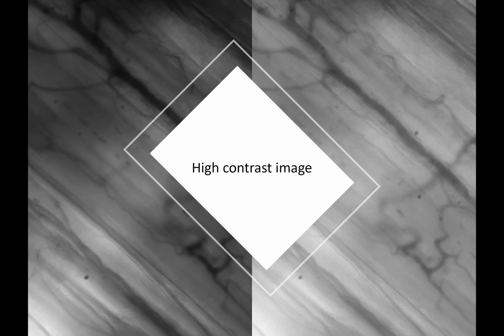Now I take the mean image as an example to explain how statistical calculation achieves a high contrast image. At a specific time, we have frame one like this. And at another time, we have frame two like this.